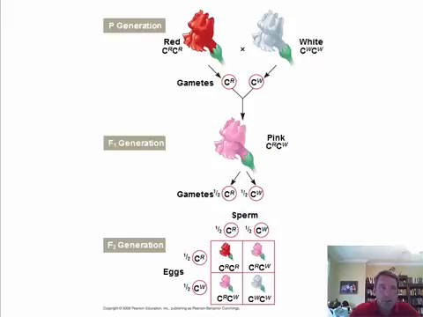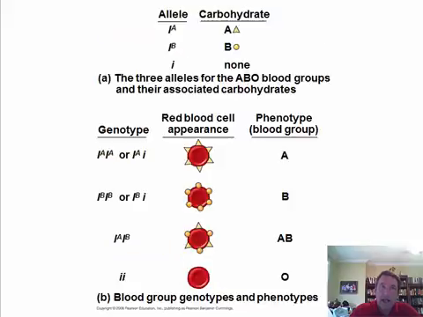A good example of this is the ABO blood group that we have in our human population. You can see that in this we have a possibility of four different phenotypes. The ABO blood group is determined by the enzyme.